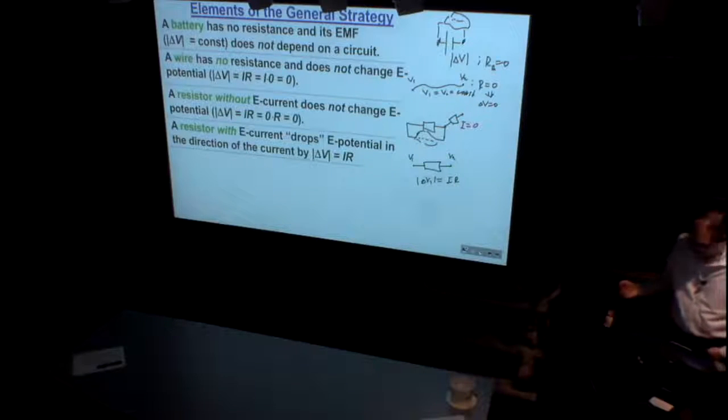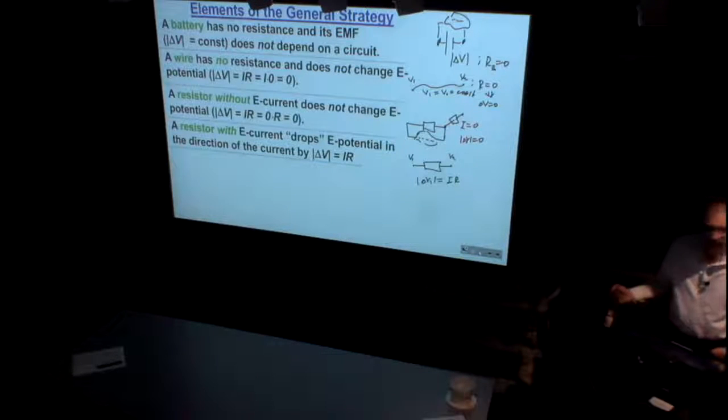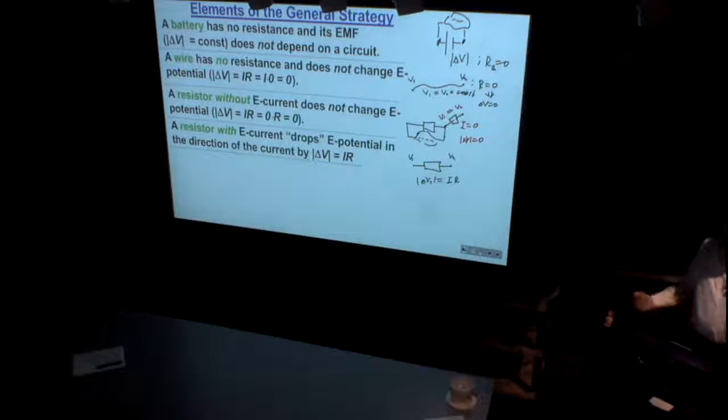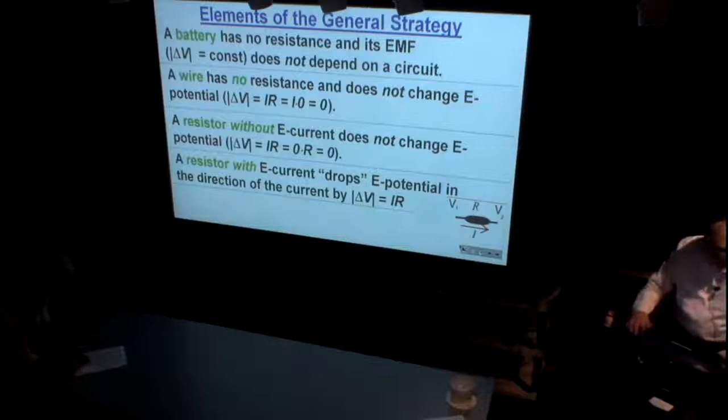And because electric current is 0 for this particular device, first of all, it doesn't affect the rest of the circuit. We can just remove it. It doesn't make any difference. But it also means there's no potential difference between the ends, so the potential here and there are also the same. Those are handy points. We're going to use them once in a while.